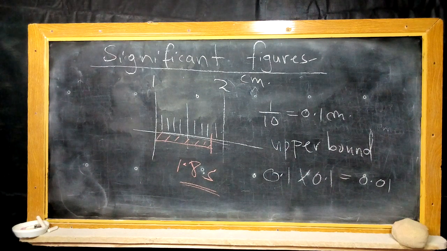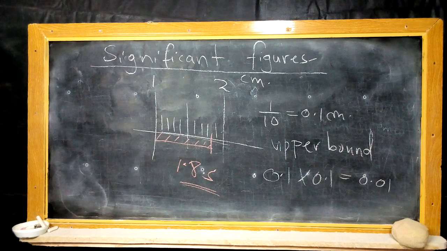So in this case, I've said that we're going to look at different kinds of errors or uncertainties. To express this precision, we usually indicate the readings in significant figures.